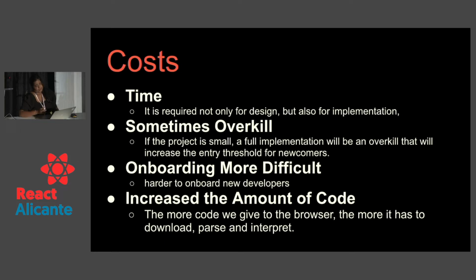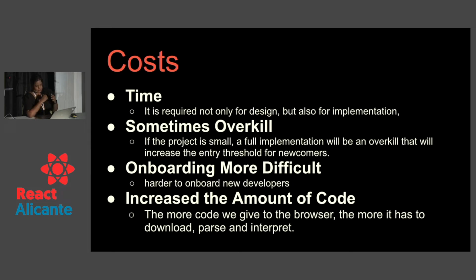And if the project is really small, it might be over engineering as well. And even if it's easy to maintain in a later stage, if somebody comes to check the project initially, the onboarding might be a little difficult. And obviously, since we are modularizing it, the amount of code might also increase.